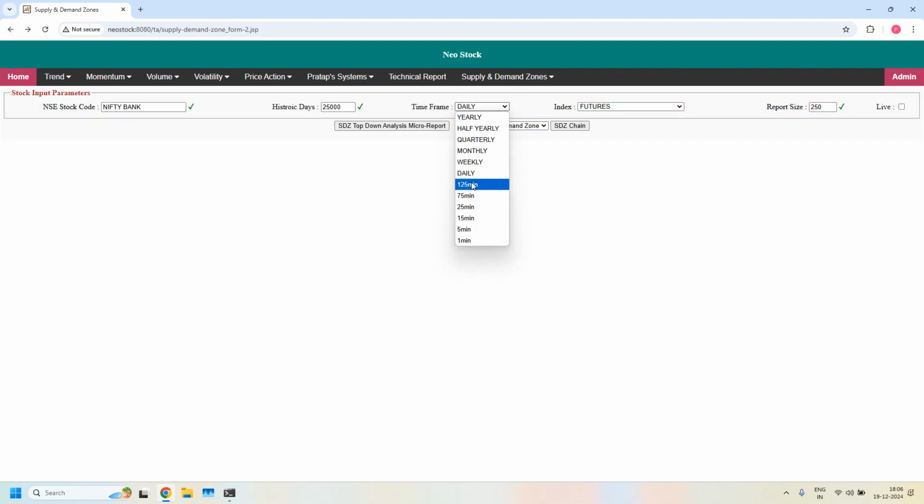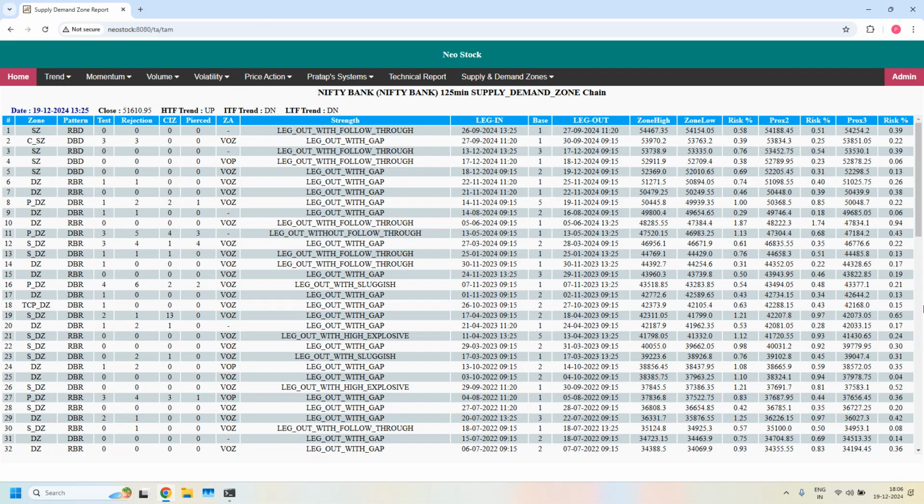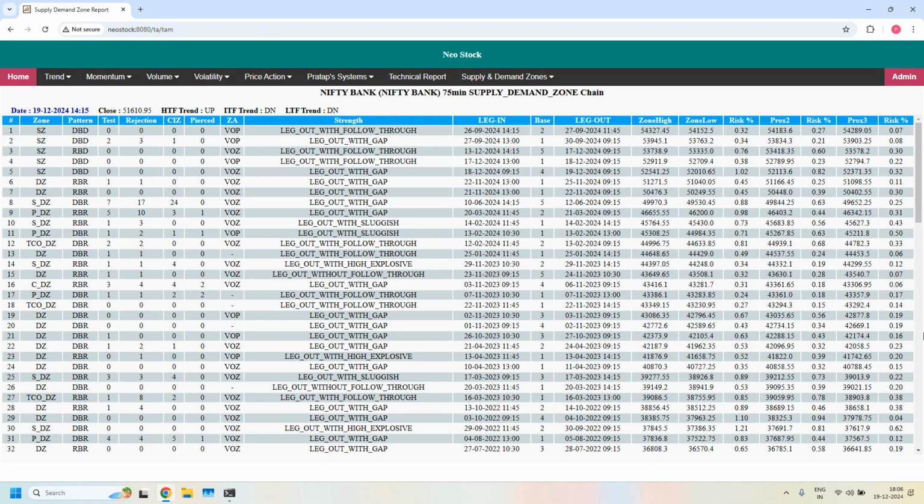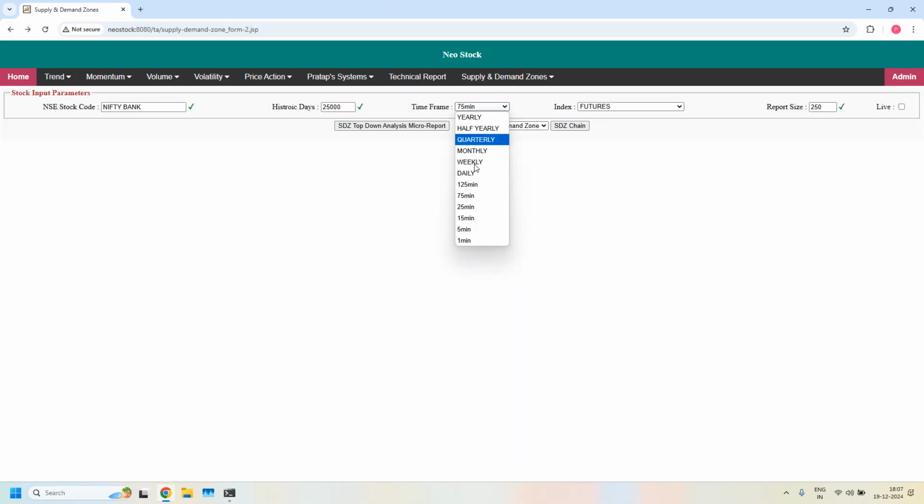Next, I am generating 125 minutes supply demand zone chain for Bank Nifty. Next, I am generating 75 minutes supply demand zone chain for Bank Nifty. Next, I am generating 25 minutes supply demand zone chain for Bank Nifty.